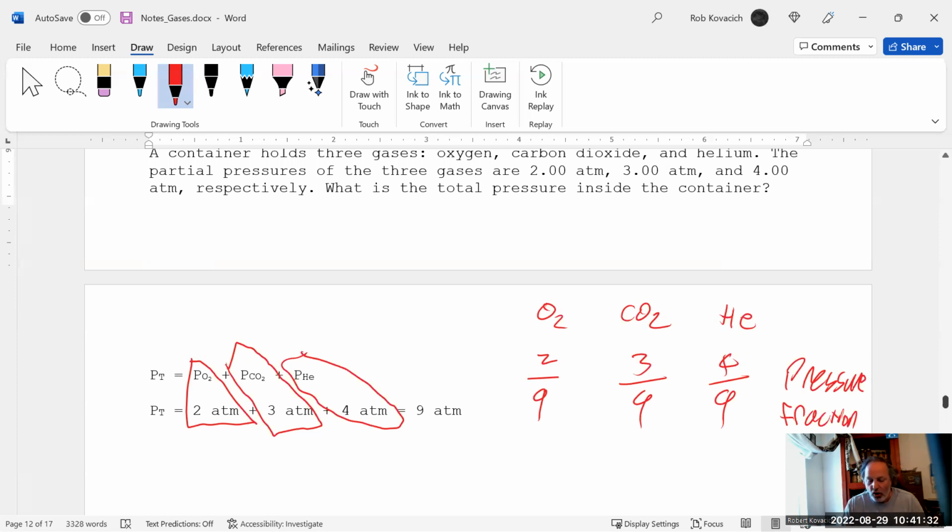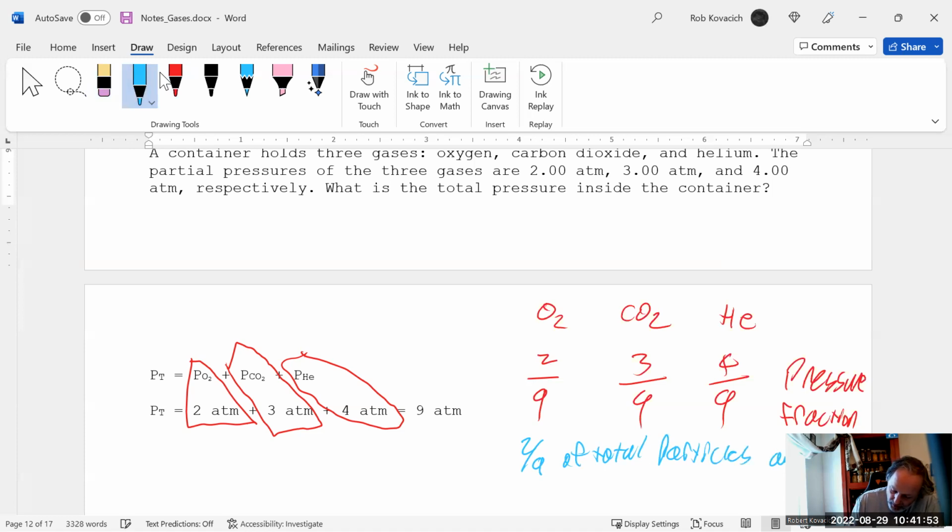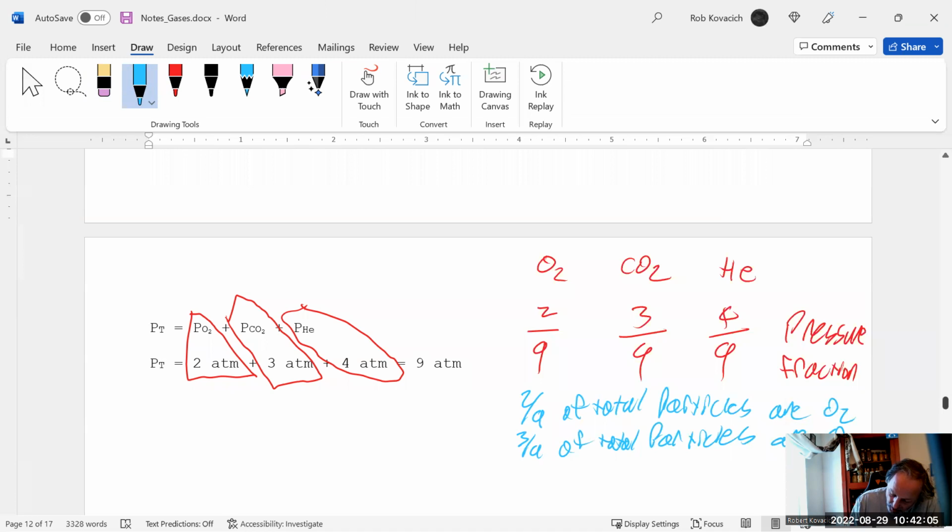Okay, well, why are those pressure fractions what they are? The reason is because 2/9 of total particles are O2, and 3/9 of total gas particles are CO2, and 4/9 of total particles are helium.